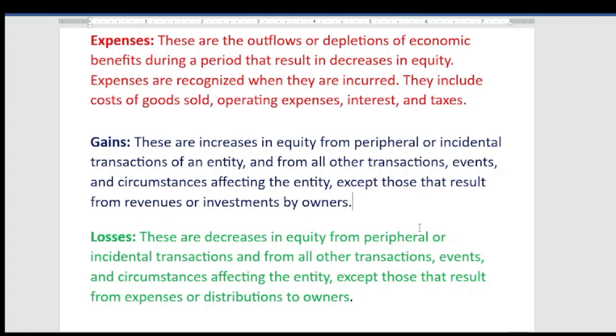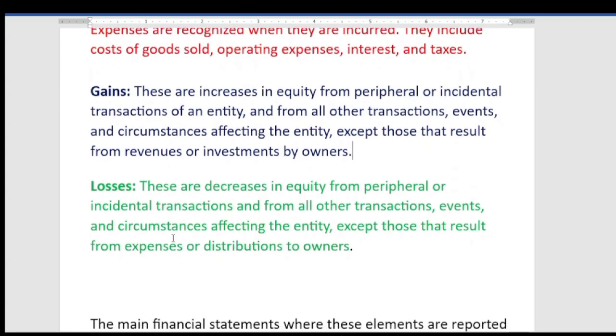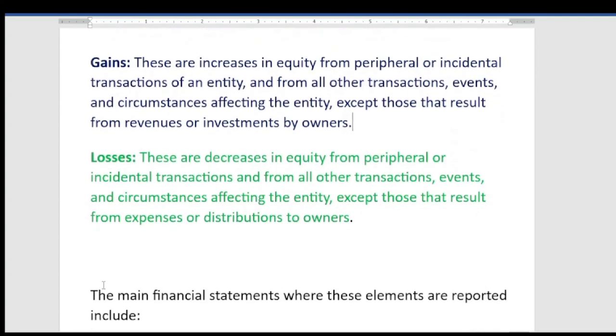List the elements of financial statements and explain them so that you know what to say. But for the purpose of this lesson, we just need to know what the elements of financial statements are. Now, listen.